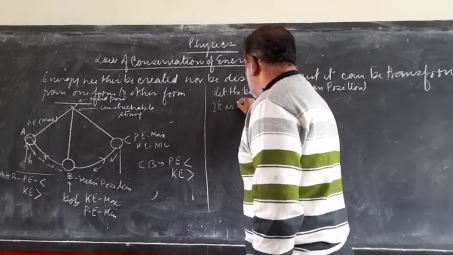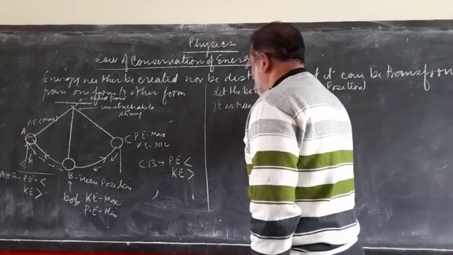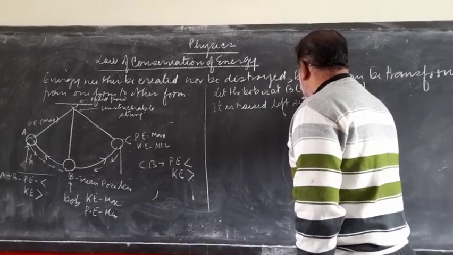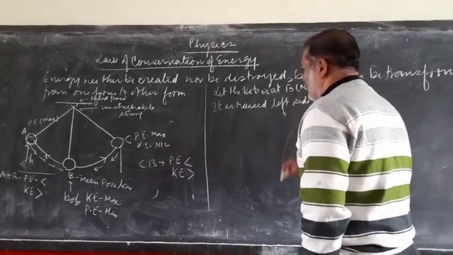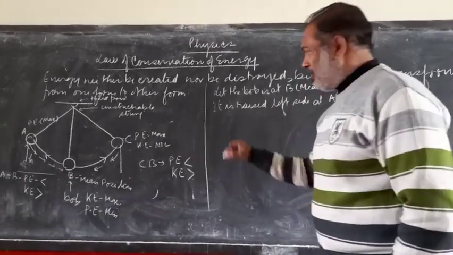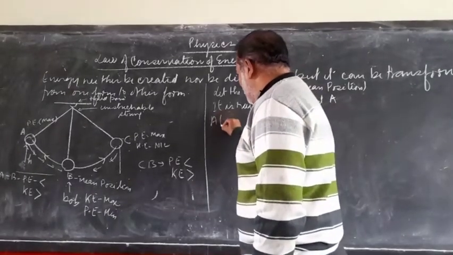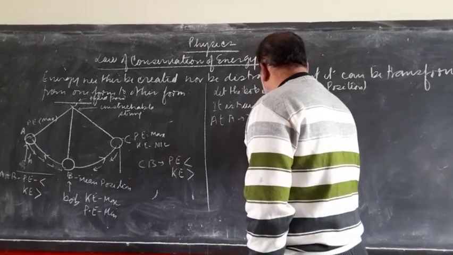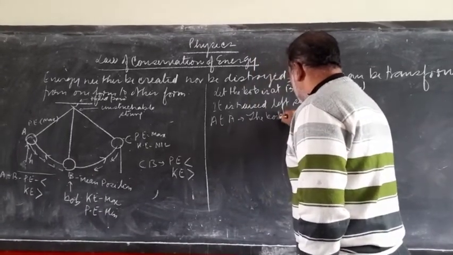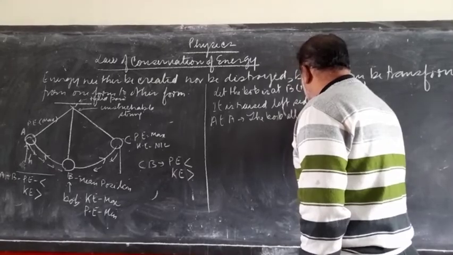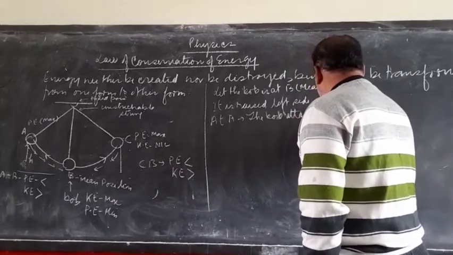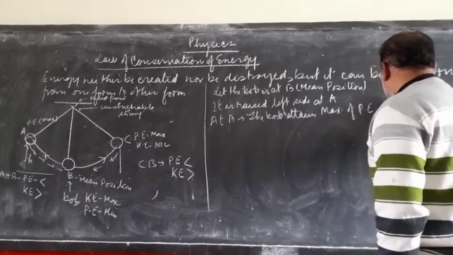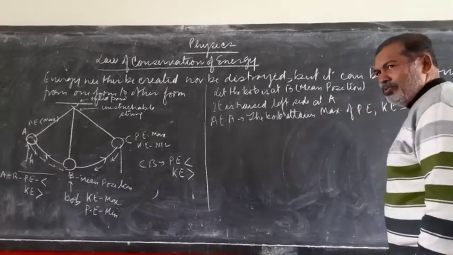It is raised left side at A. Then you write here, at A the bulb attains maximum potential energy and here kinetic energy is almost equal to 0.